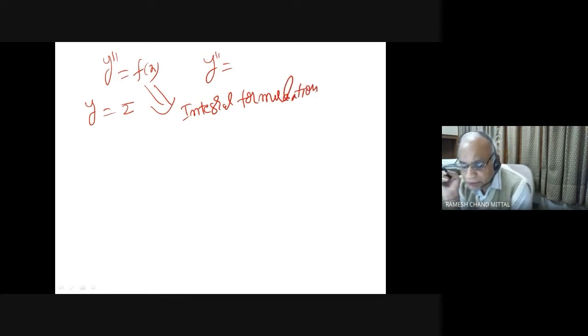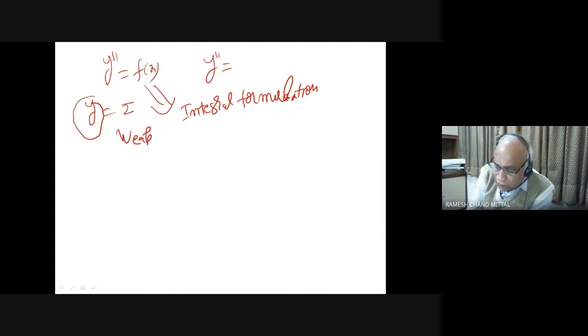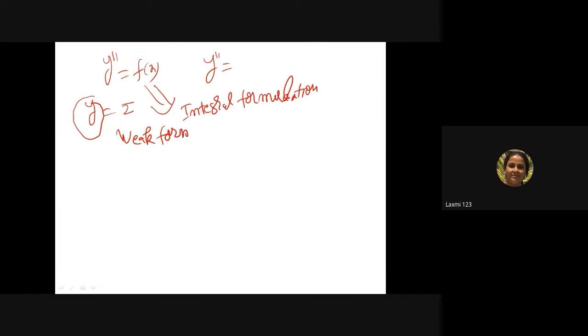And this weak formulation desires that y must be continuous and must have only a first derivative, and you don't need a second derivative. So we are relaxing some conditions over the solution. That's called a weak formulation. Yes, sir. V V Sharma also explained something about weak solutions in Burgers' equation.